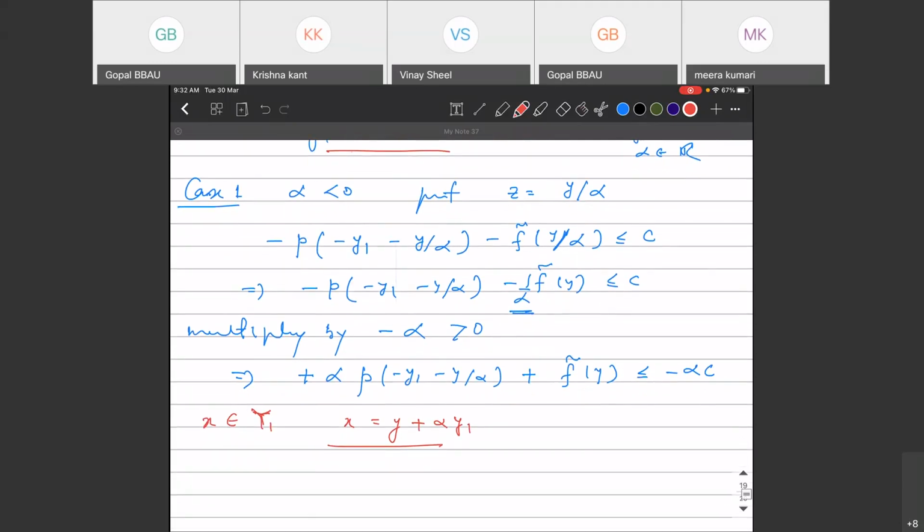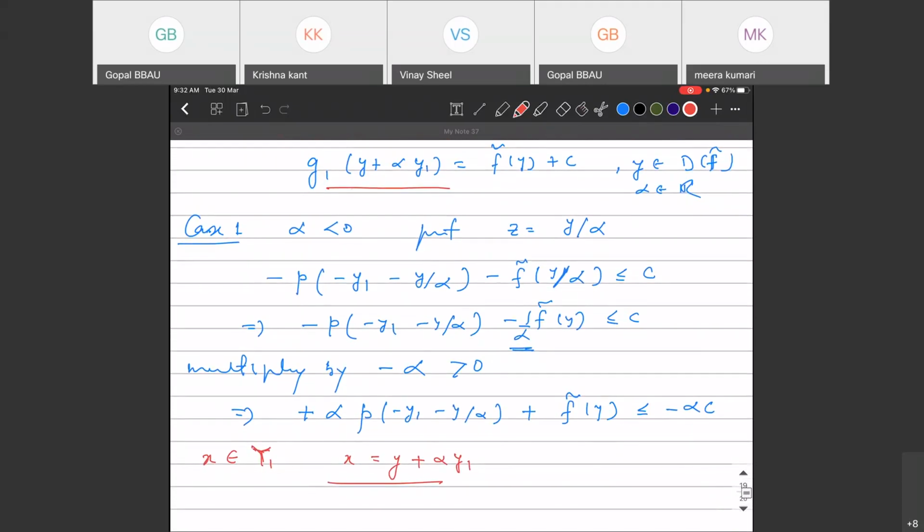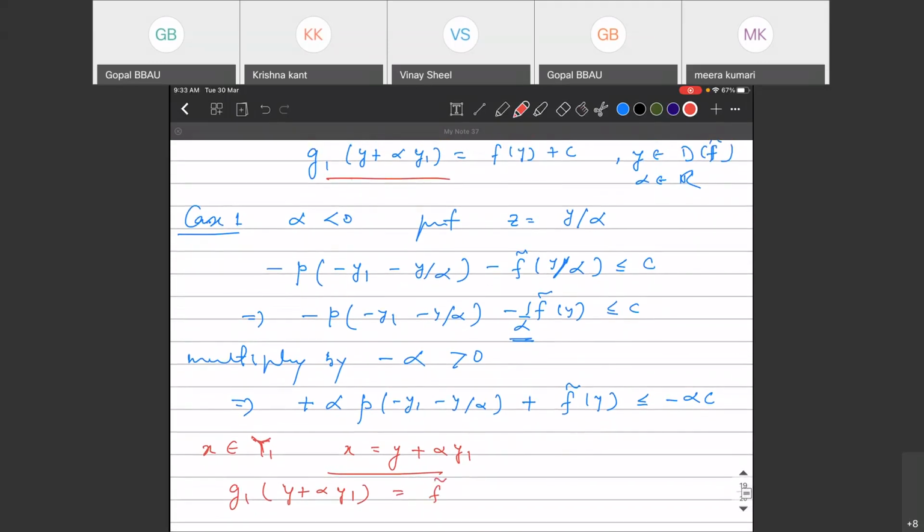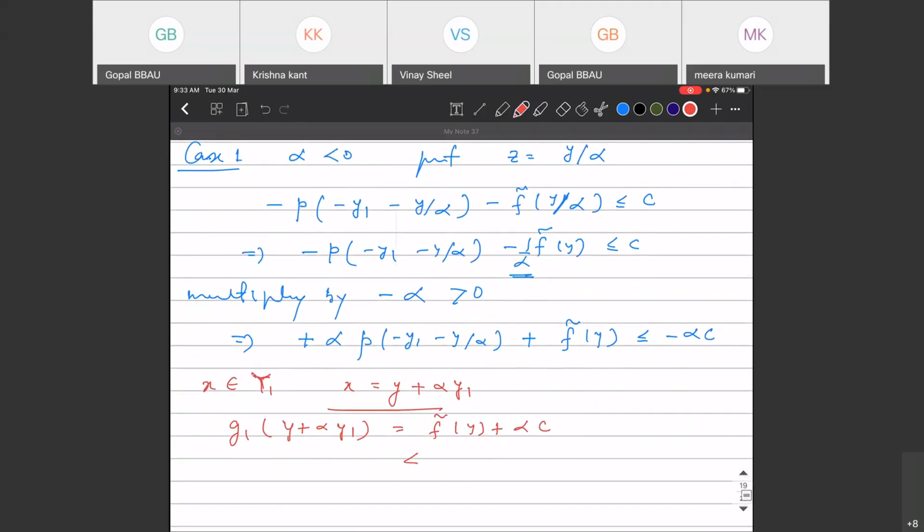What you obtain is G1 of y plus alpha y1 is f tilde y plus alpha c, and from here, f tilde y, you take this side, bring this part that side, you will get minus alpha p minus y1 minus y alpha.